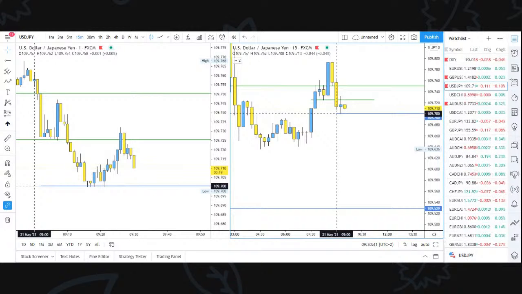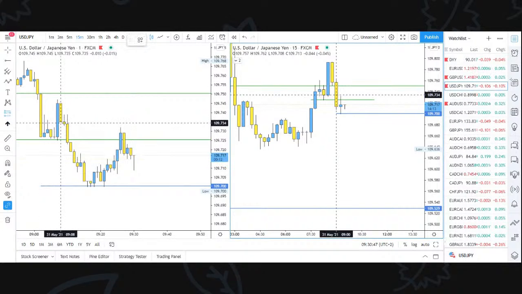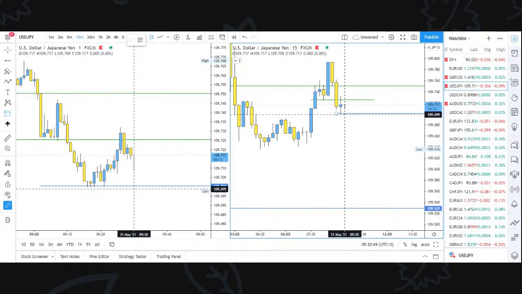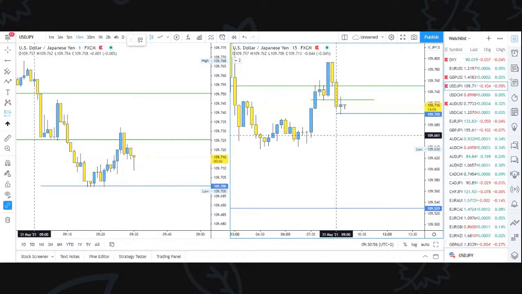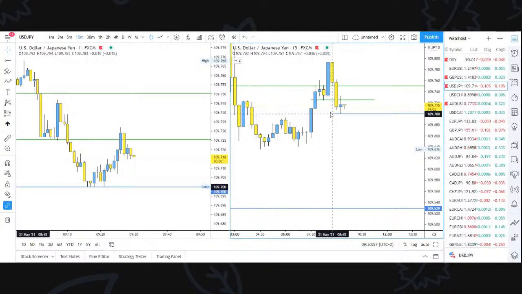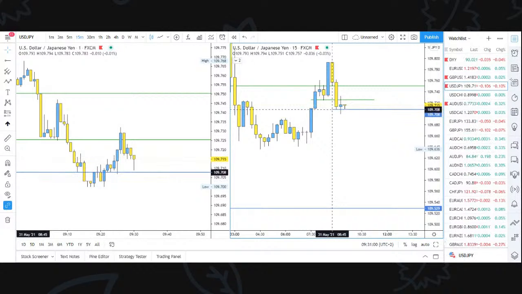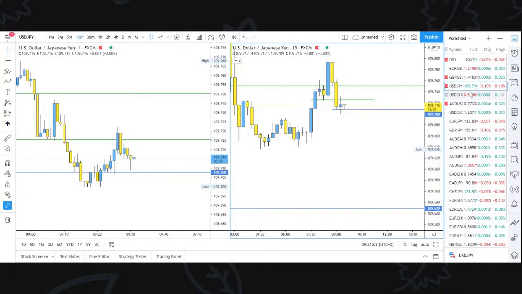I'm expecting this thing to continue down, in all honesty. I've never done this before in my back testing, so I'm not too sure if it is gonna work. No, let's not do anything that we haven't back tested yet. I'm not gonna do that.